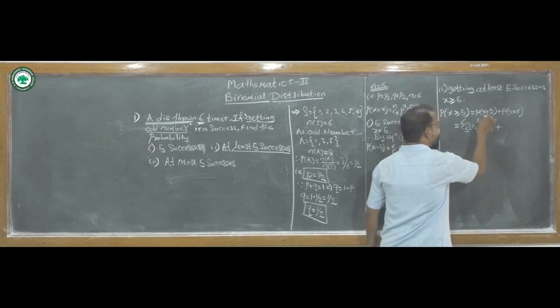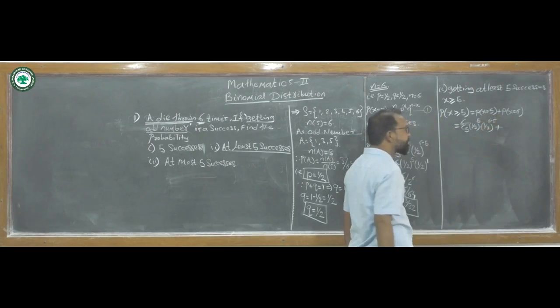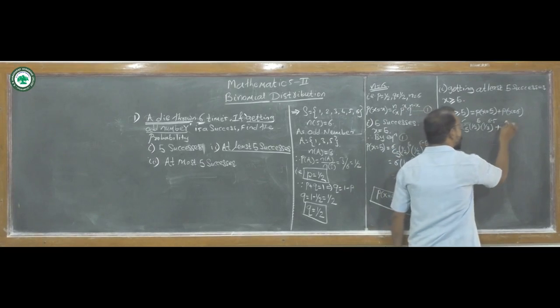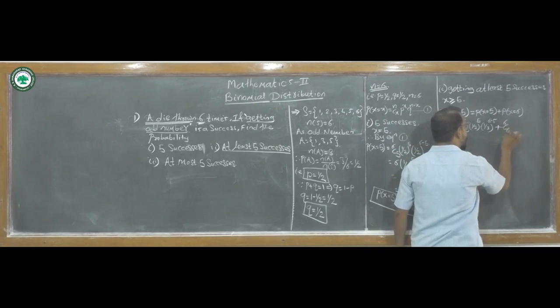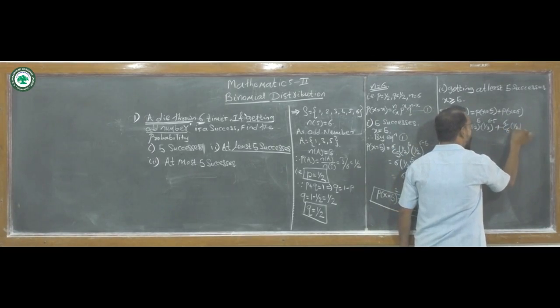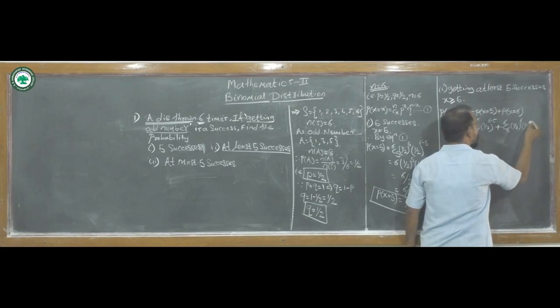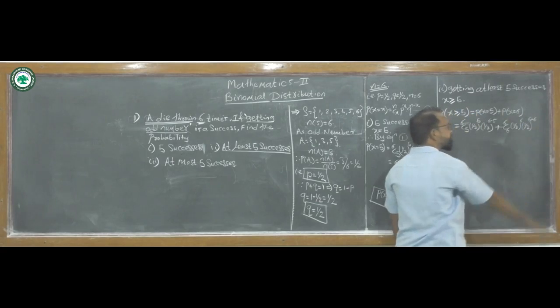This is for getting 5 successes, plus now for getting 6 successes, put x equals 6. We get 6C6 (1/2)^6 into (1/2)^(6 minus 6).